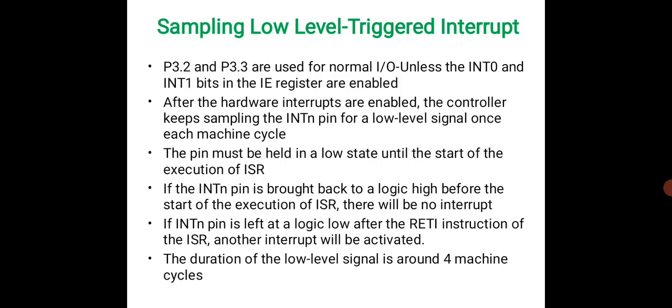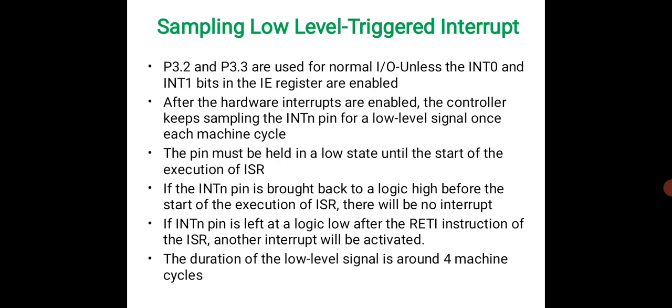And how to sample the low level trigger interrupt. We know that port pins 3.2 and 3.3 are used for normal input output, unless it is enabled in the IE register.